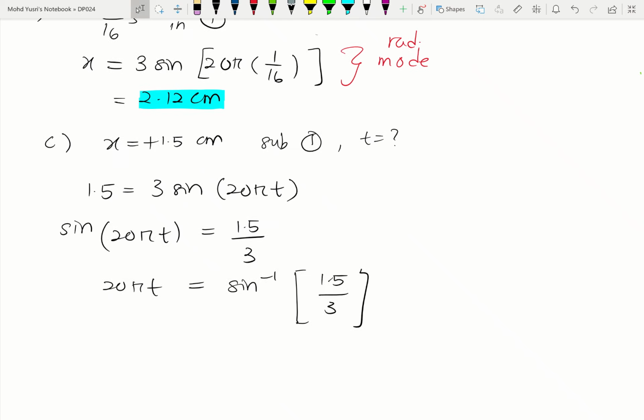And daripada sini kita dengan mudah boleh rearrange equation ini untuk cari value t. So pause dulu video, tekan calculator. t is 8.33 times 10 to the power of negative 3 second.